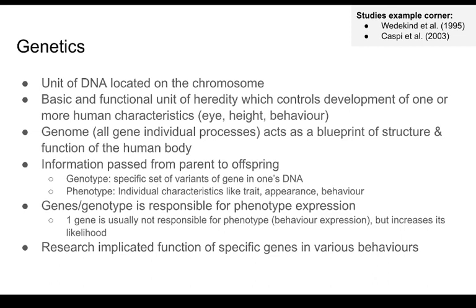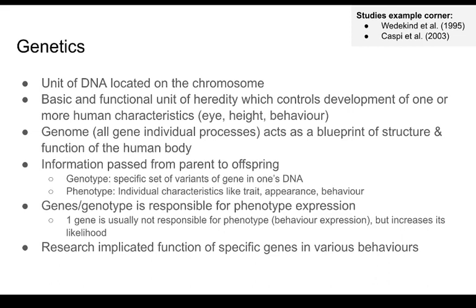So it's one of the foundations of passing down information from one human to another, from parent to offspring. And usually, this entire genetic mapping, or genome, acts as a blueprint of the structure and function of the human body.